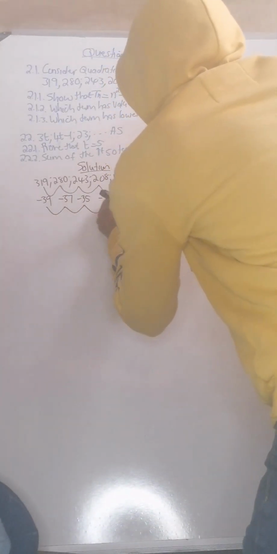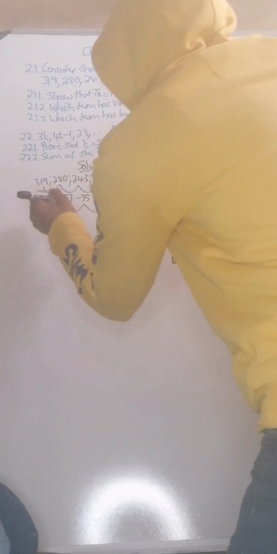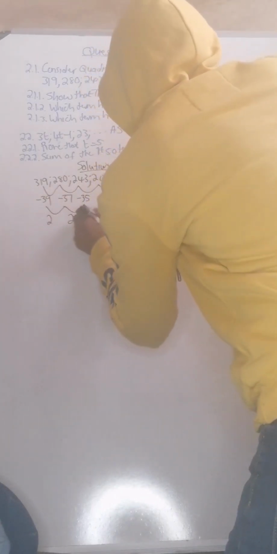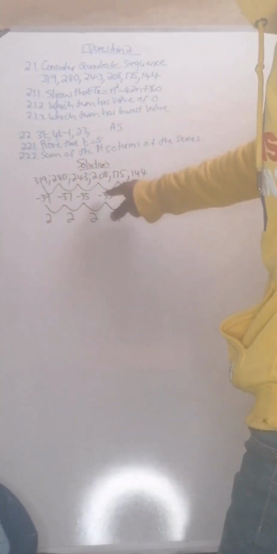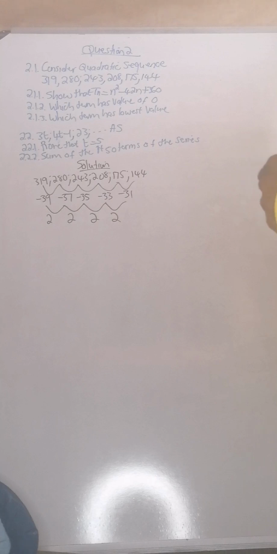From minus 39, I should add 2 as a constant difference, because minus 33 plus 2 is minus 31. So this is my quadratic sequence.